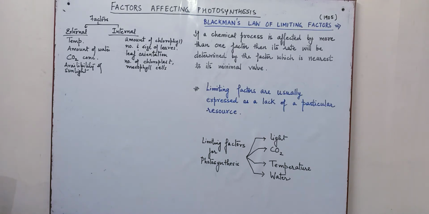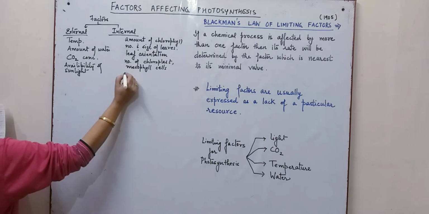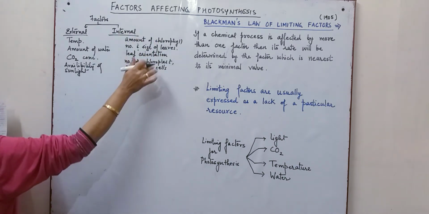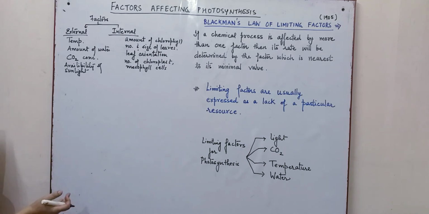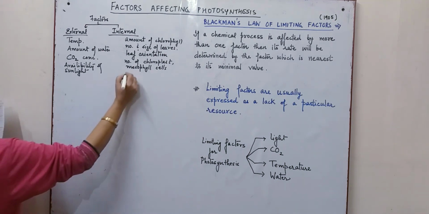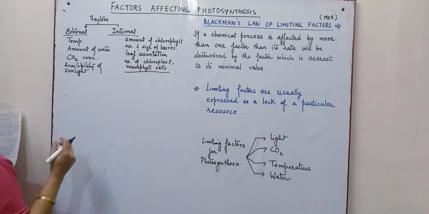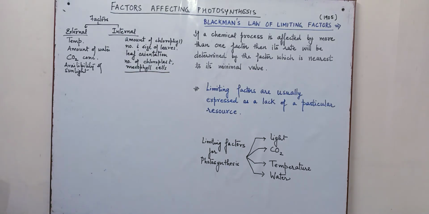Now, the internal factors of the plant, however, are also dependent on the genetic composition, because it is the genetic composition that is passed from one plant of one species to the next generation. So, it is the genetic constitution that governs, and also the conditions of growth.